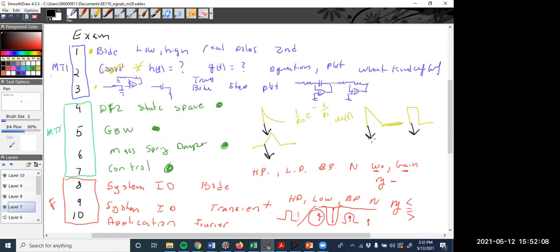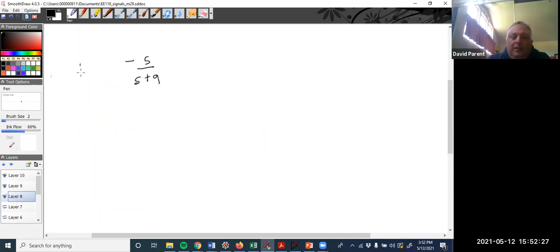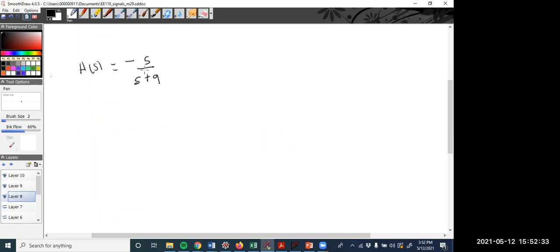What does the equation for the inverted high pass, for the inverted delta function, look like? So this is the transfer function of an inverting high pass.